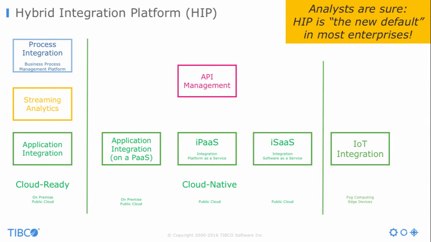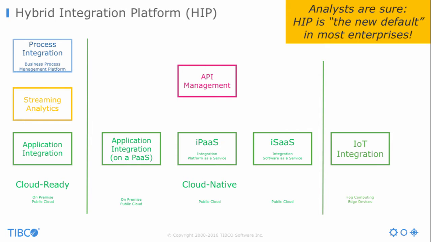And therefore, what the analysts call this, there will be a hybrid integration platform. And the analysts are sure that that's the new default in most enterprises. There is no one piece which can integrate everything because you have to think in different locations and not just in different technologies today. So here on the left side you see some kind of, let's say, core integration like application integration on premise.